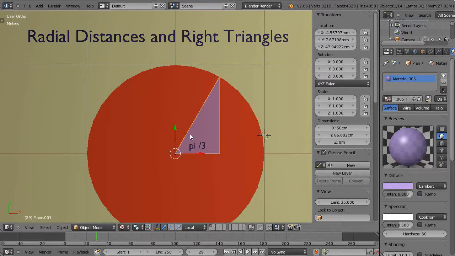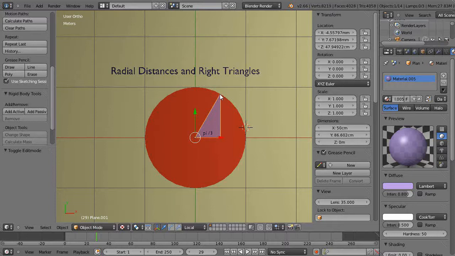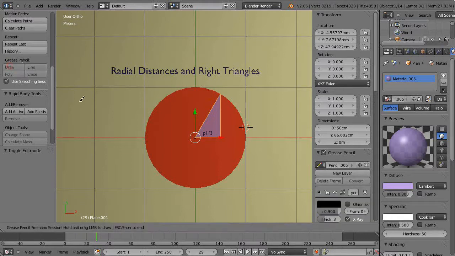The formula you would normally see, if you wanted to find this y coordinate and the x coordinate, would look more like this: y equals r times the sine of theta, and x is equal to r times the cosine of theta.